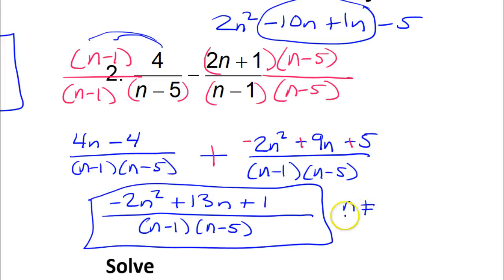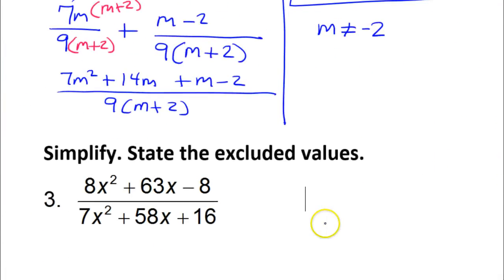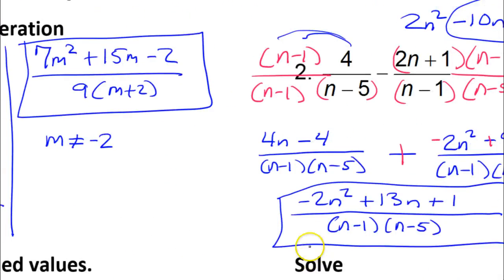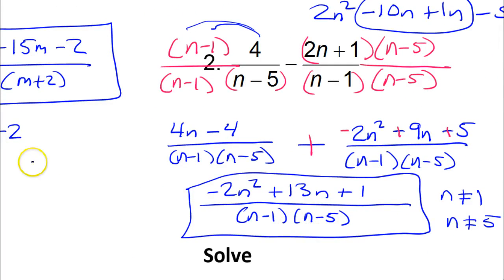N cannot equal 1. N cannot equal 5. So that's number 2. We've added and we've subtracted. In both cases, we formed like denominators, and we just had to be careful to distribute the negative sign.